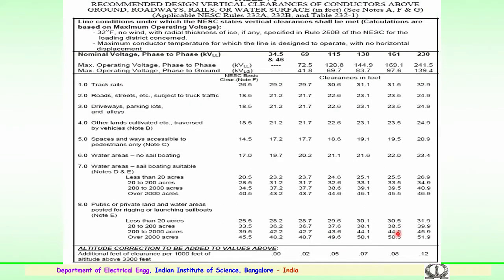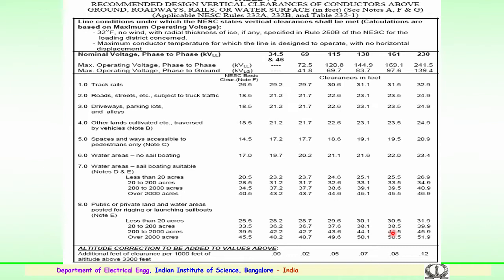So, these are some recommended vertical distances or clearances of the conductors above the ground, roadways, railways or water surface, places where these have to be added.